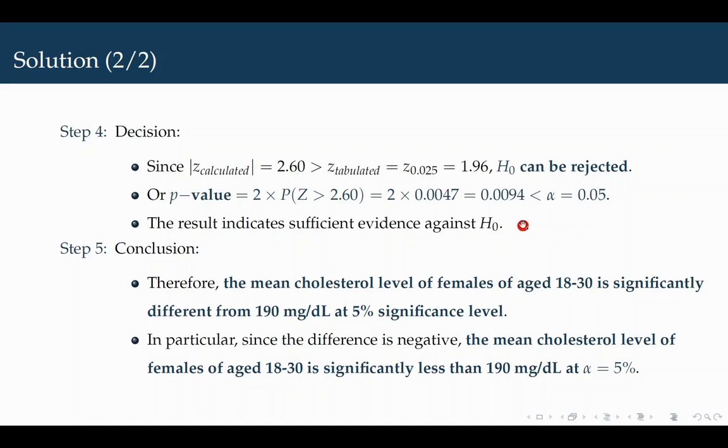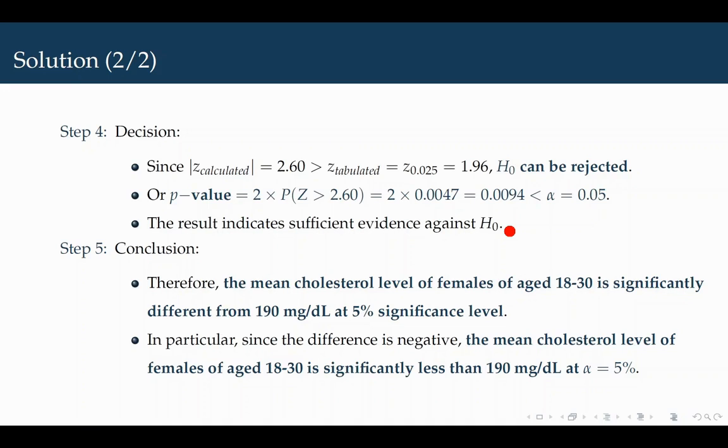So this indicates that there is sufficient evidence against the null hypothesis, which states that the mean cholesterol level of females aged 18 up to 30 is not significantly different from 190.